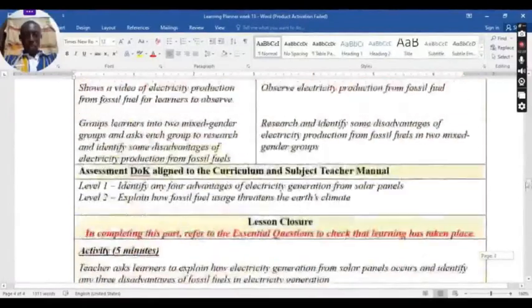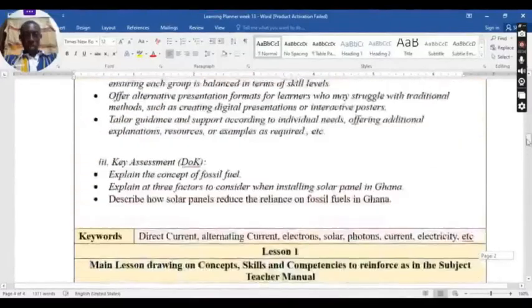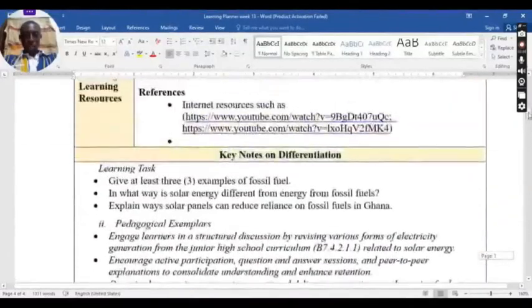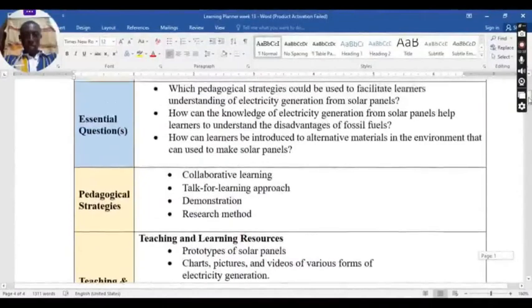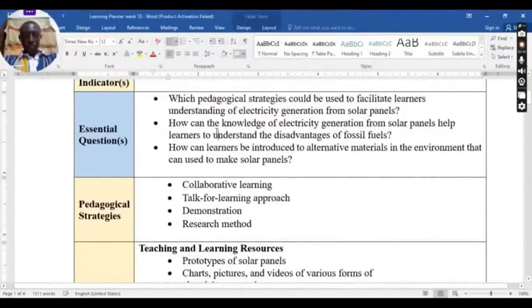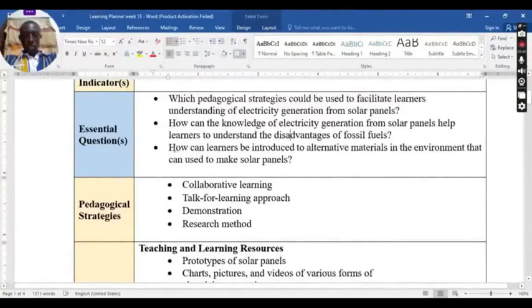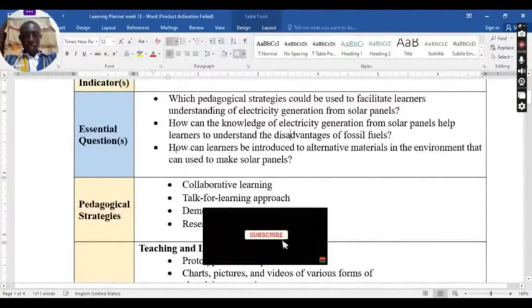Let me go back to the essential question. Alright, there it is. The first two have been satisfied in the lesson 1. So this question has to be changed. The essential question here has to be changed.